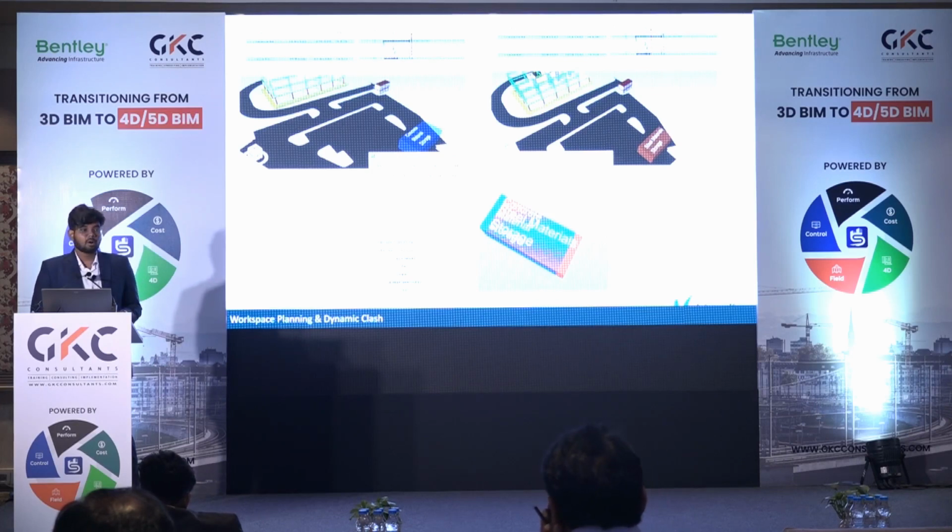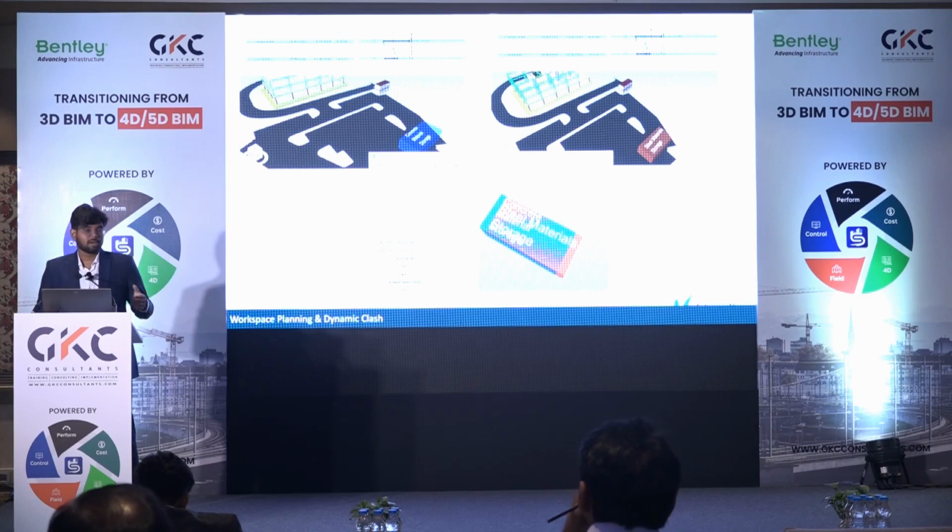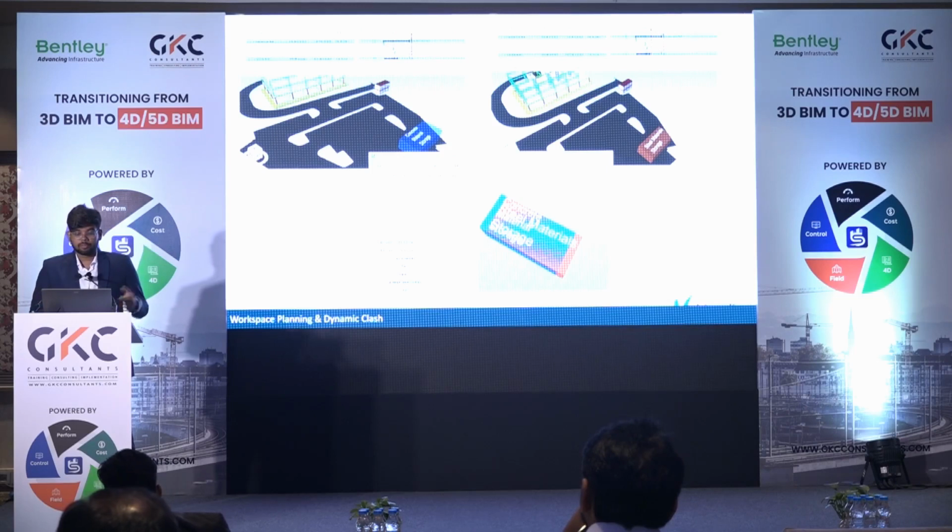This is an example of what we call a spatial temporal clash, and if you compare it with the traditional bar chart, you could never find out where exactly these clashes are happening. When you find out these clashes are happening, probably you need to change your plan a bit. You have to sequence things in a different way so they do not clash, so you can utilize the same space at the same time. So these 3D aspects, when combined with time, can bring a lot of benefit.